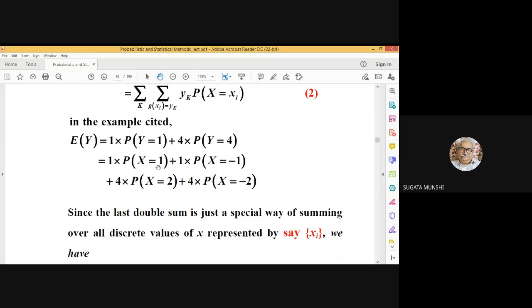In the example cited, capital K takes on two values, and for each value of capital K, there are two values of small l.